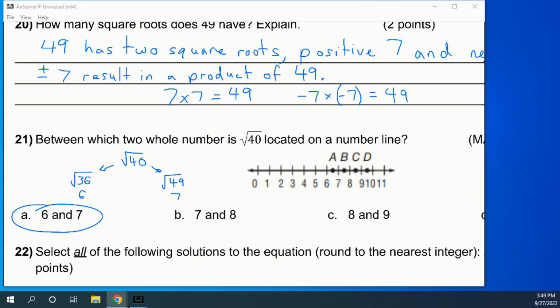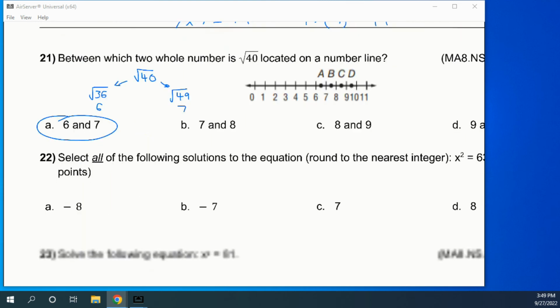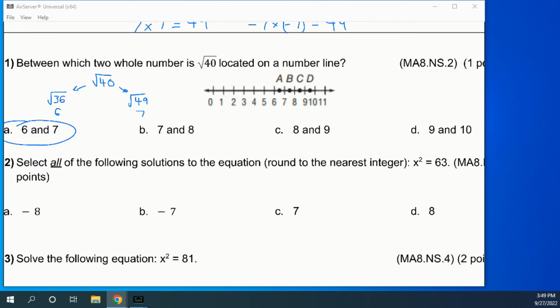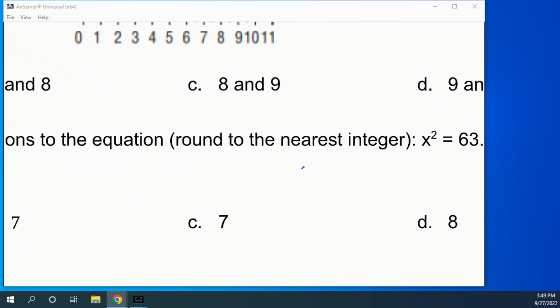That's 21. Number 22: select all of the following solutions to the equation, if we round to the nearest integer. x squared equals 63. I'm going to solve this. If something is being squared, the inverse operation is to take the square root.